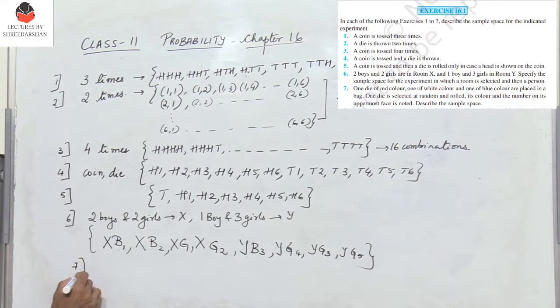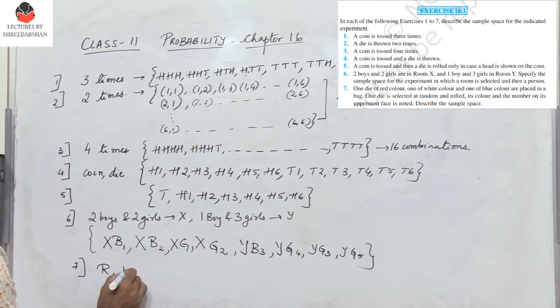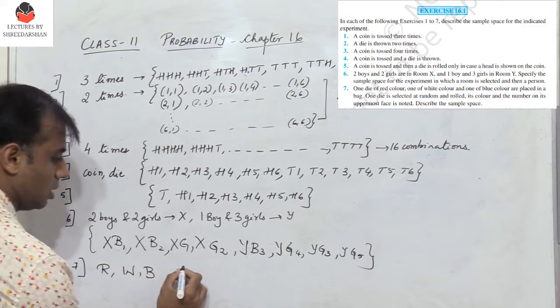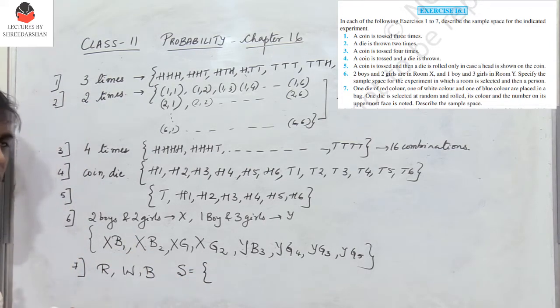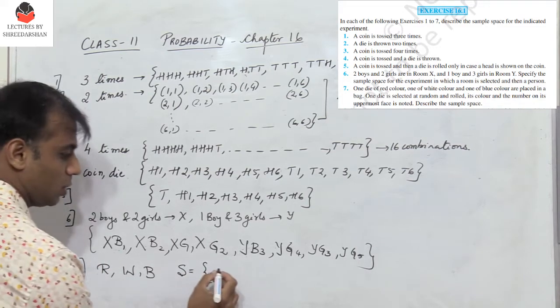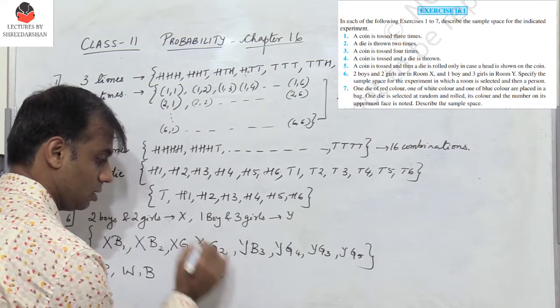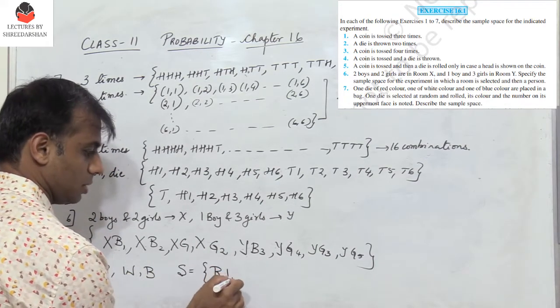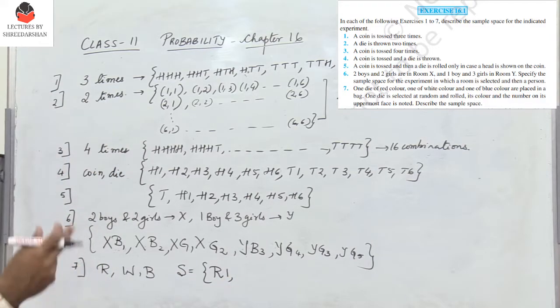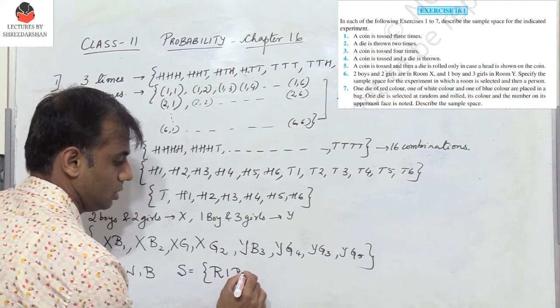Next, the seventh one: 1 die of red, 1 die of white, and 1 die of blue are in a bag. One die is selected at random and is rolled. Its color and the number on the uppermost face are noted. What is the sample space? I select one of the dice. If I select, say, the red die and roll it, I would get, say, 1. So I note the color red and I also note the number. Similarly, if I get red and roll it, I get 2.